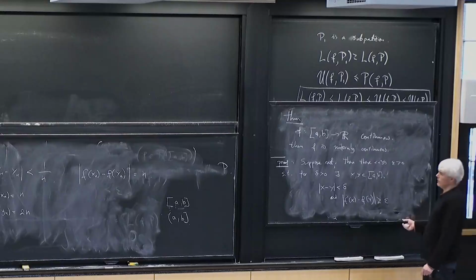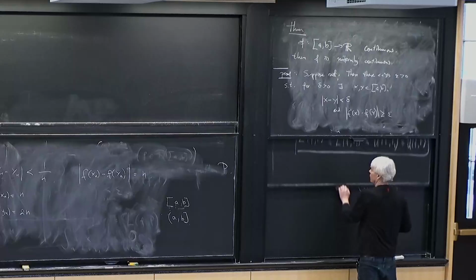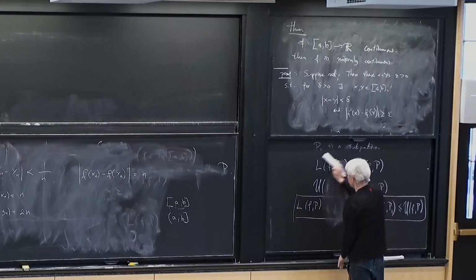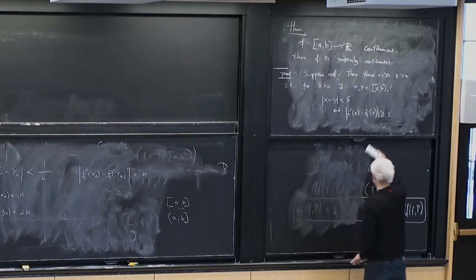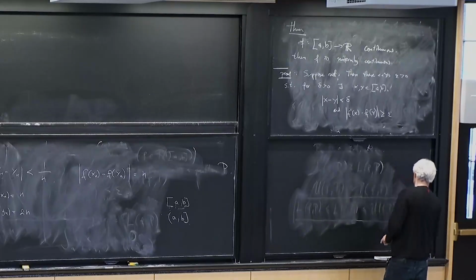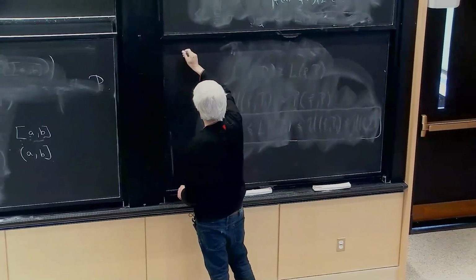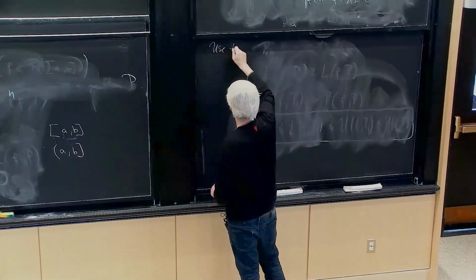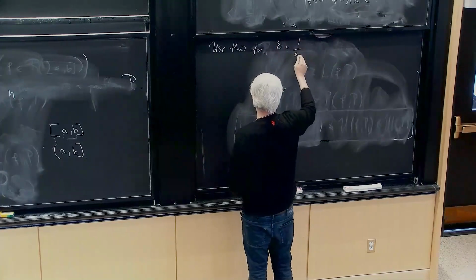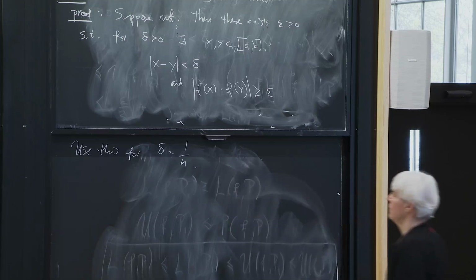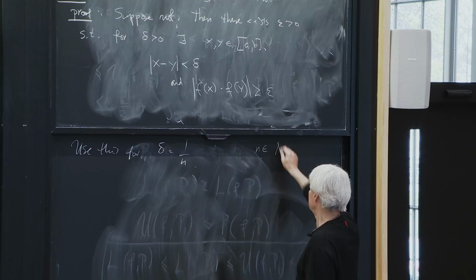But now we choose a sequence of delta. This is for all delta, so to take advantage of that, we look at a sequence of such delta, for delta equal to 1 over n, where n is a natural number.